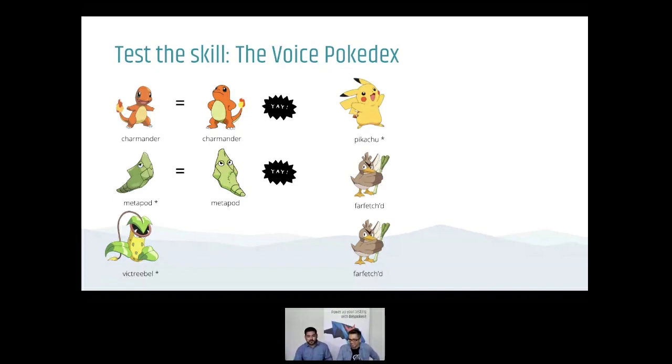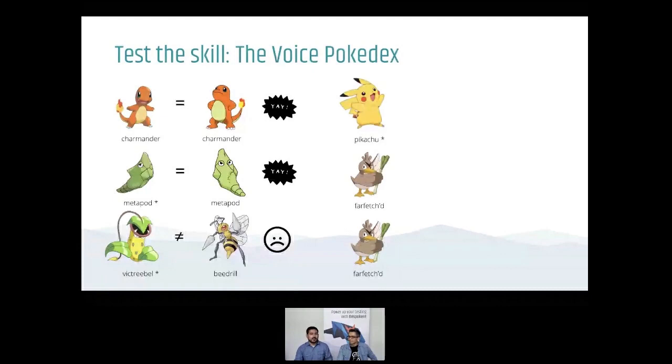So for Victreebel, I tried it, and sadly, what I got in return was Victreebel. So this is a case where my interaction model is applying weight to one possible value, and Alexa is deciding that the real value that it should understand is Victreebel, because that's on my interaction model. So sadly, that test failed.